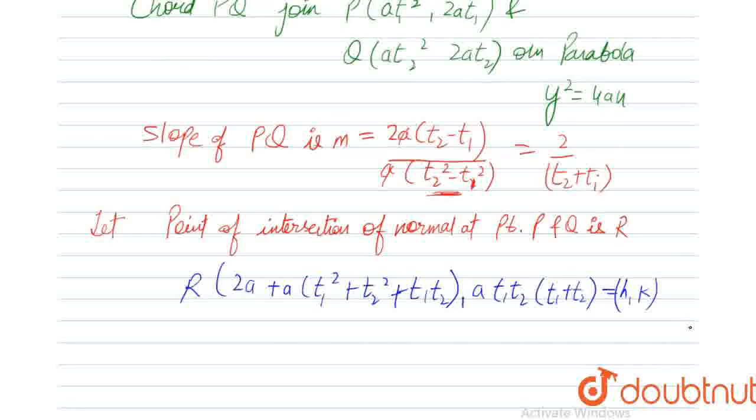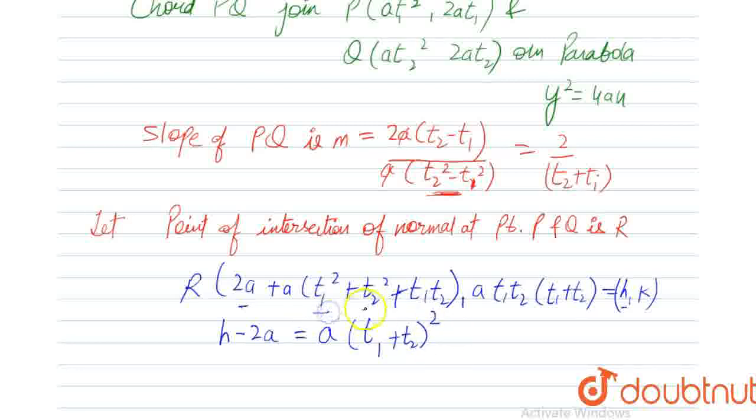And then, if we put this value, it will look like h minus 2a, because we are comparing this x coordinate with this x coordinate. h minus 2a will be equal to a (t1 plus t2) whole square. Why are we writing whole square?